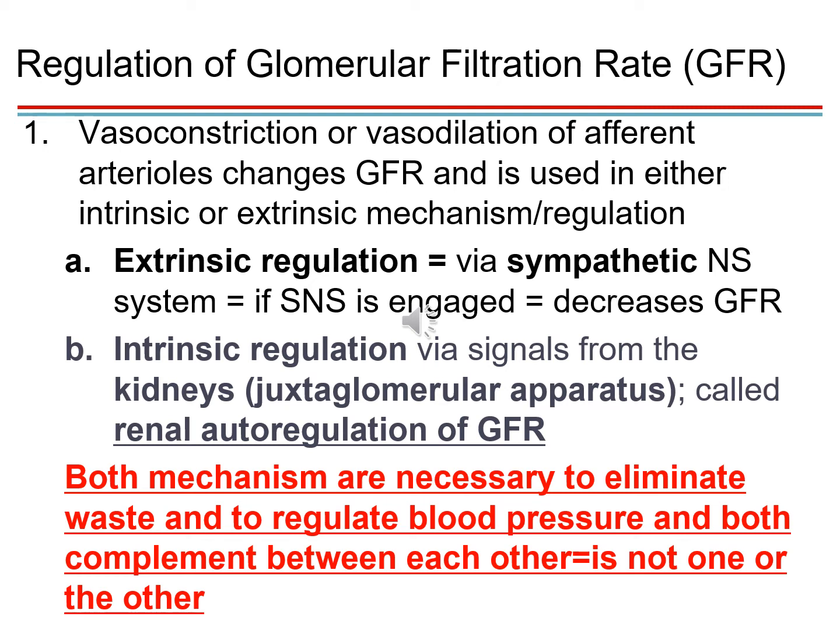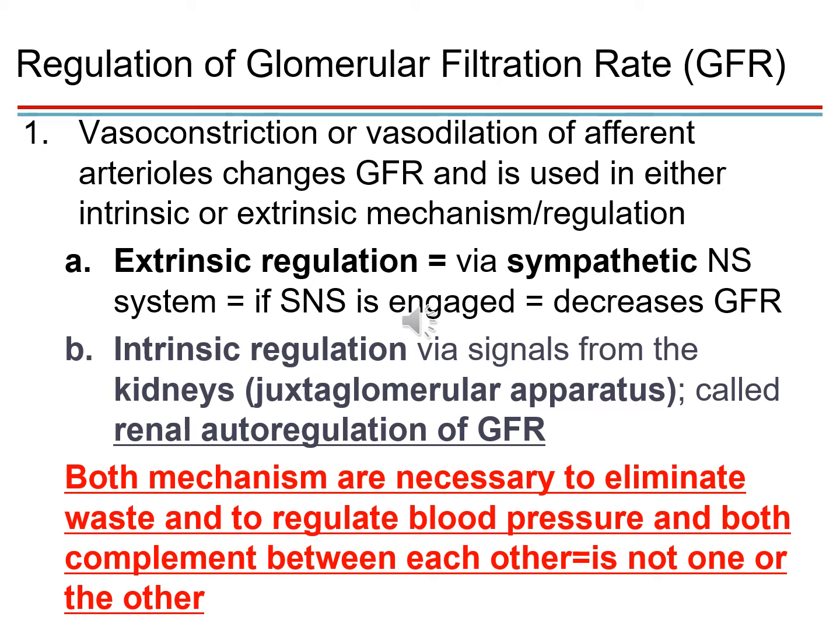In the intrinsic mechanism, we use a different system. The system to regulate the glomerular filtration rate by intrinsic regulation is called renal autoregulation of the glomerular filtration rate, by which that afferent arteriole can be vasodilated or vasoconstricted by a special mechanism that takes place right there next to the afferent arteriole.